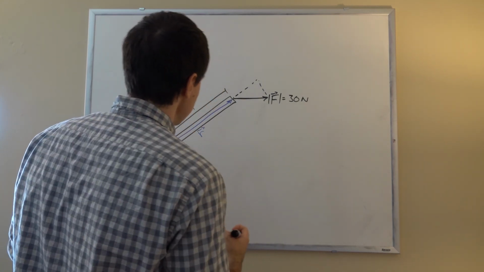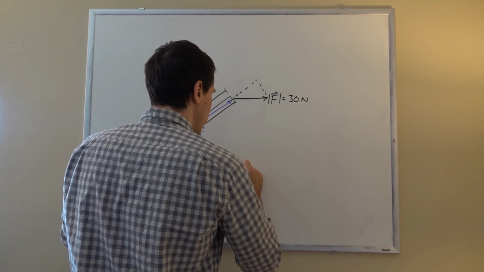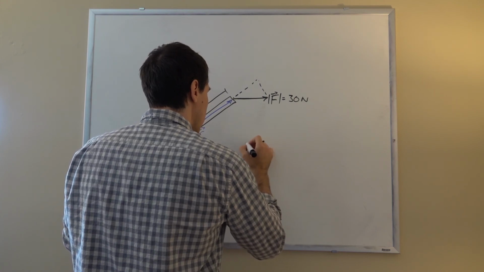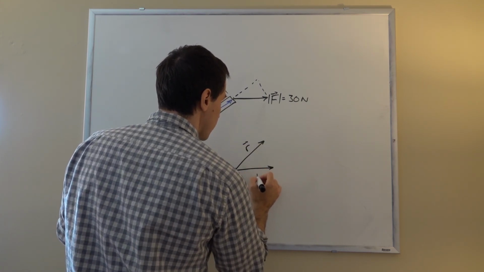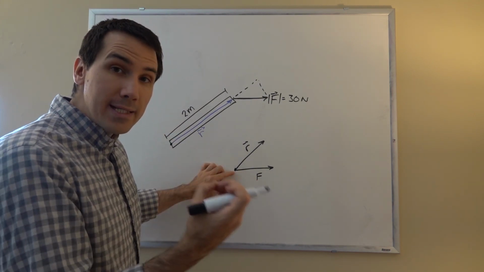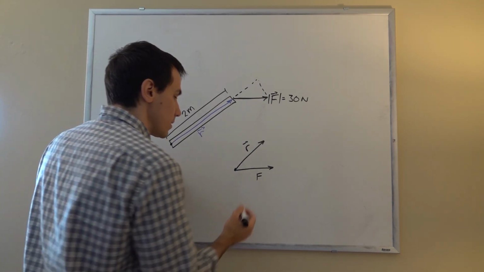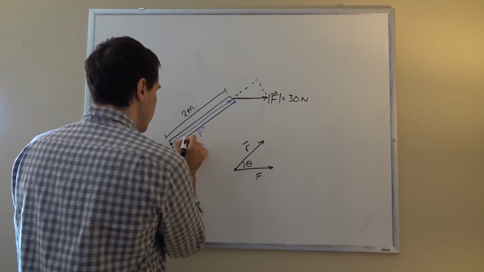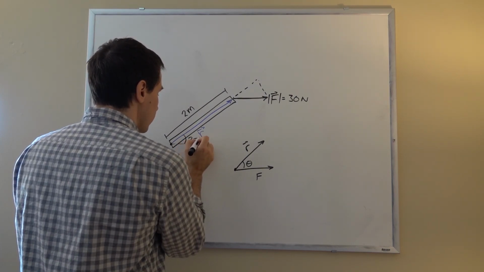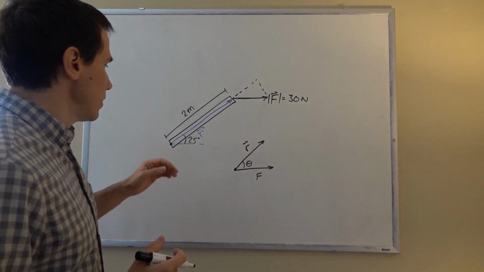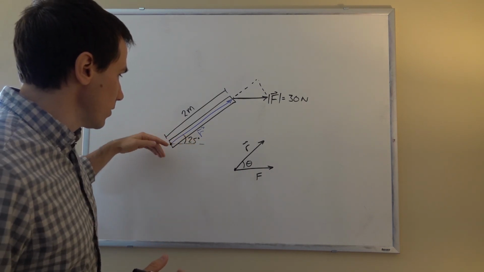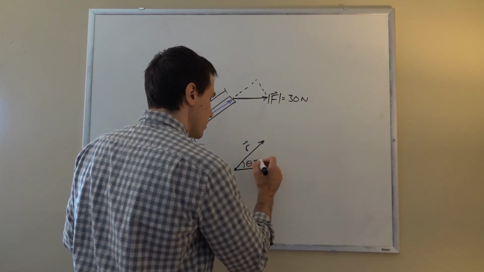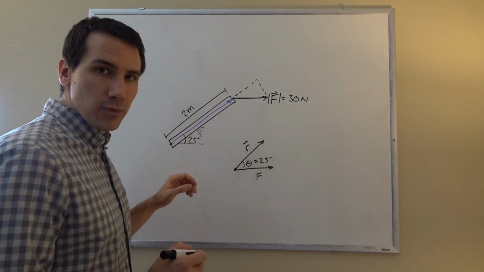The way that we want to do this in general is that we want to draw the radial vector, R, and the force vector, F, with the tail of the vector at the same point, and find this angle here, theta. So in order to do this, I need to give you, say, this angle is 25 degrees. That's fine. So if this angle here between the horizontal and R is 25 degrees, and F is horizontal, then theta just equals 25 degrees.